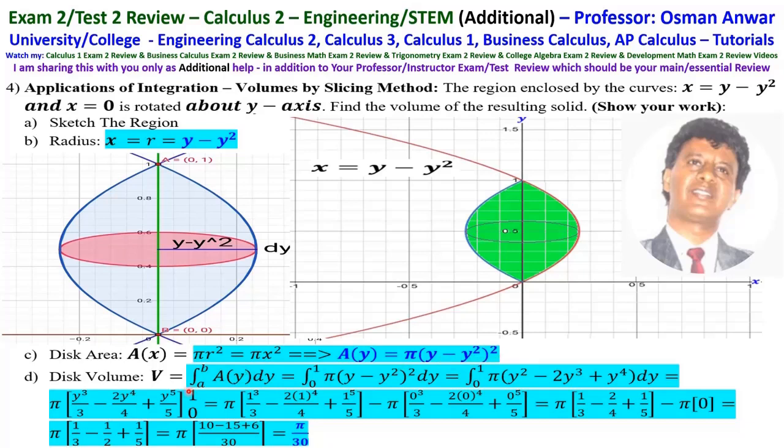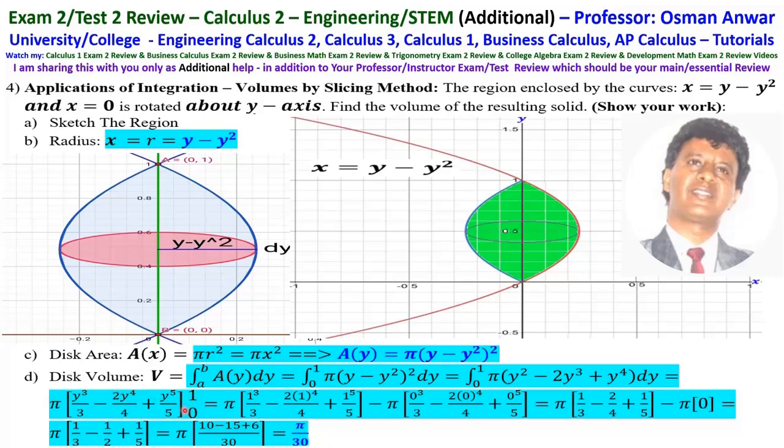Then the volume is the integral from a to b of A(y) dy, which is from 0 to 1 of pi times y minus y squared all squared dy, which is from 0 to 1 of pi times y squared minus 2y cubed plus y to the 4 dy, which is pi times y cubed over 3 minus 2y to the 4 over 4 plus y to the 5 over 5, from 0 to 1. That's when you integrate it.